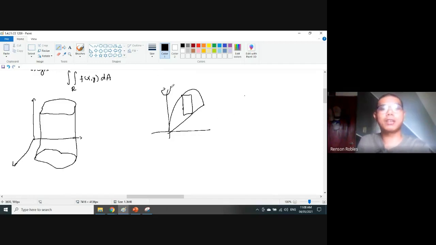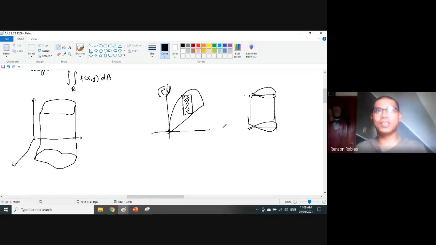what do you think will happen if I revolve it over the axis of revolution? What do you think will happen to this element? From rectangle, it will become, try to imagine, if this is revolved over there, it will become a cylinder.